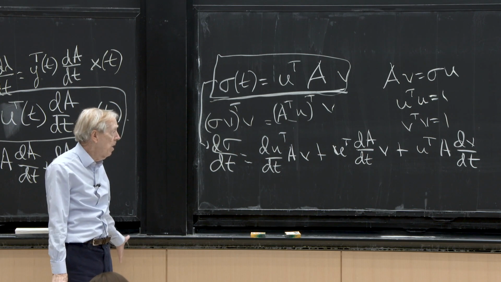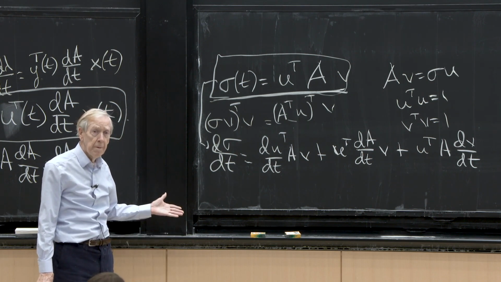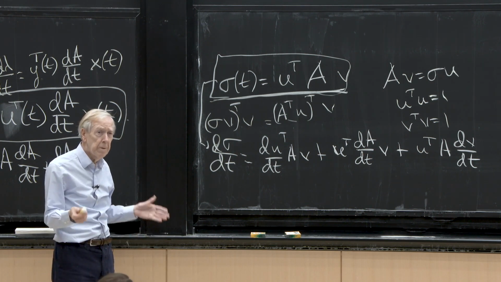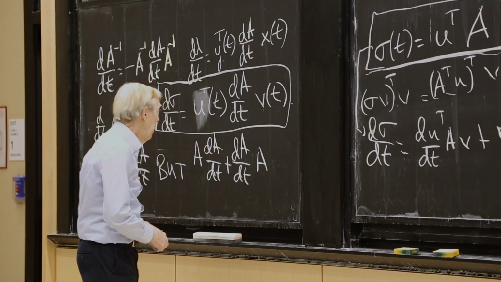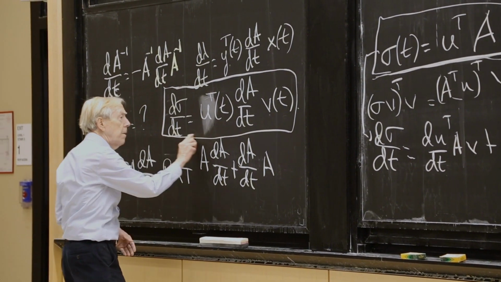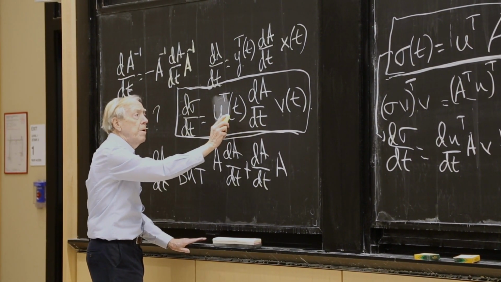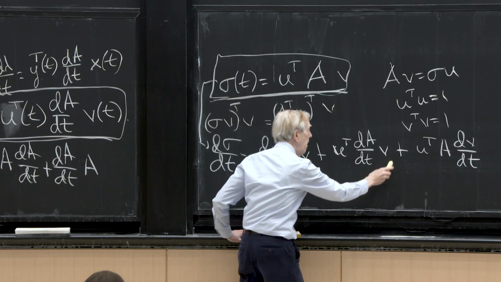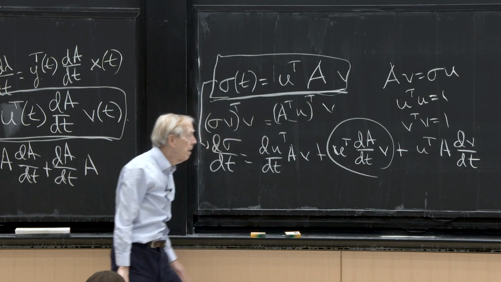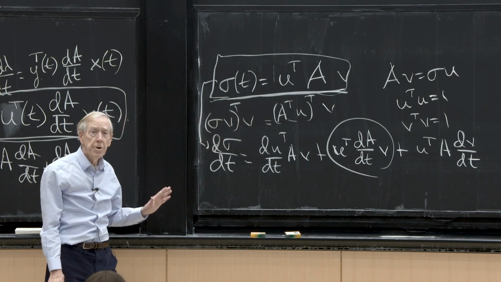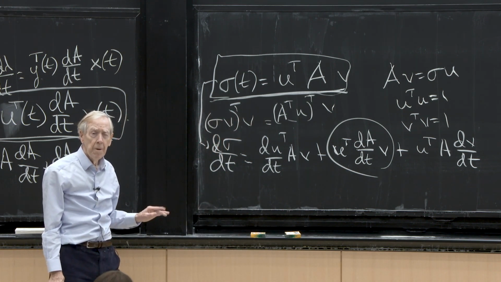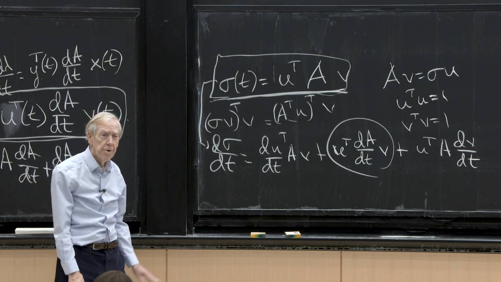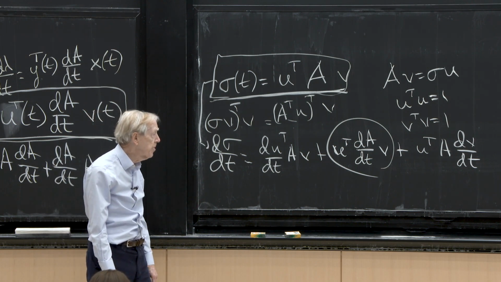And which term do I want? Which term do I believe is going to survive and be the answer? Well, this is what I'm after, so it's the middle term. The middle term is just right. And the other two terms had better be 0. So that will be the proof. The other two terms will be 0.